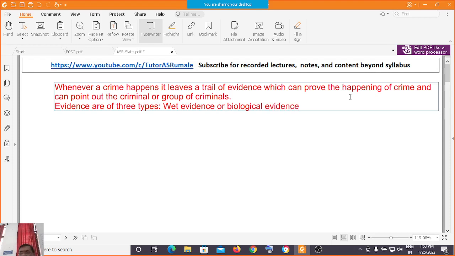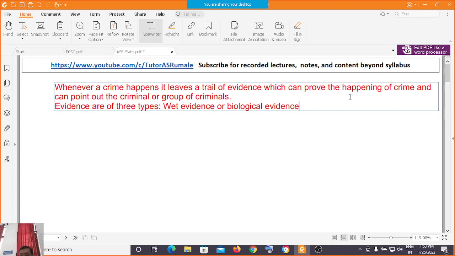Suppose a crime happened, someone murdered or raped somebody. Whatever biological secretions are there, blood, hair, and other samples, are called biological or weight evidence.